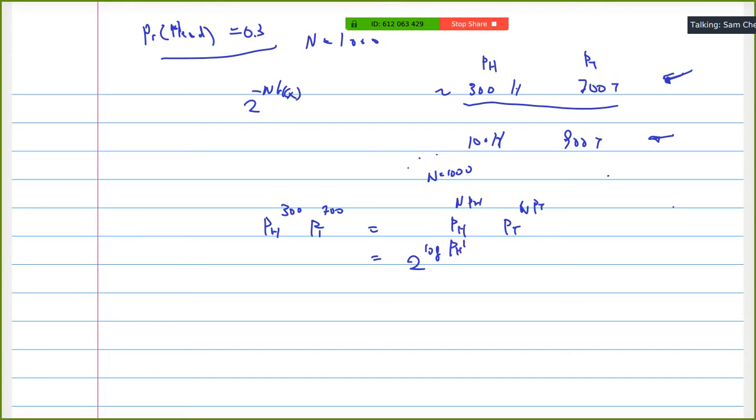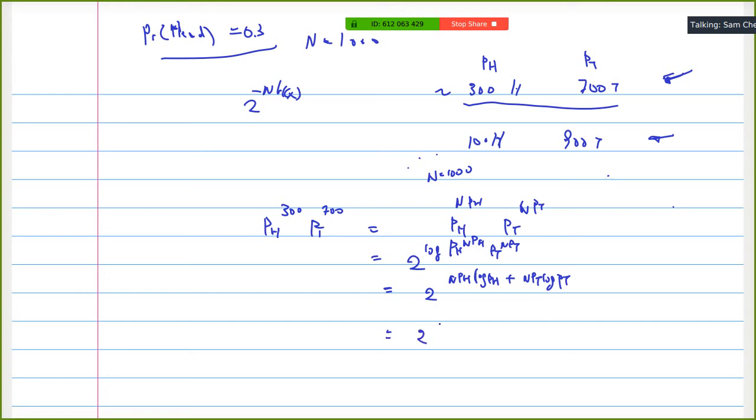And p head and p head, p tail and p tail, and this is equal to 2 to the n p head log p head plus n p tail log p tail.